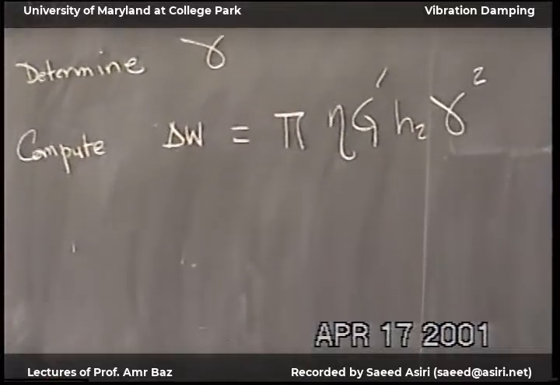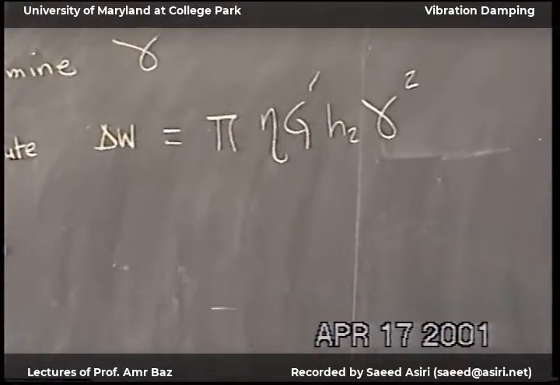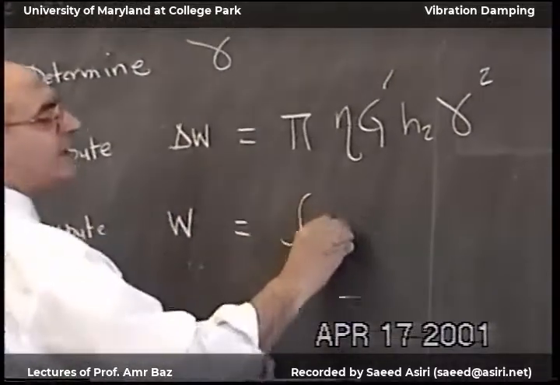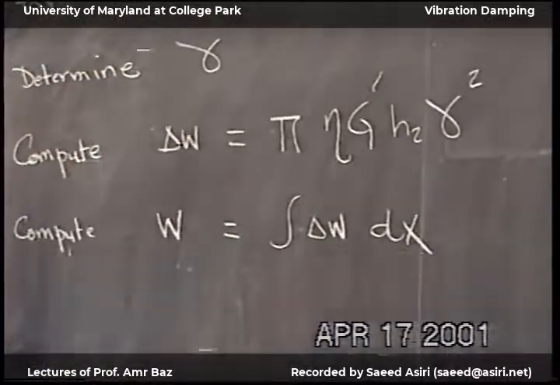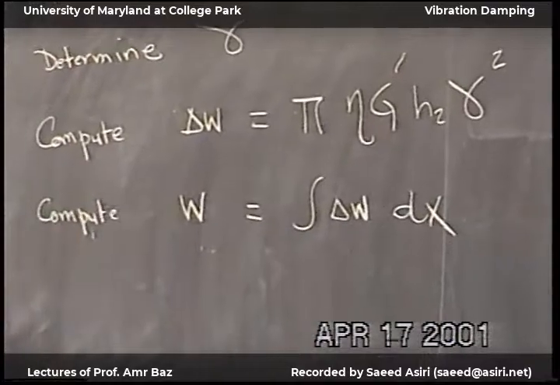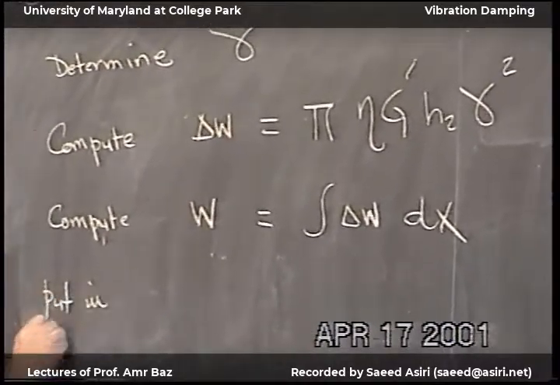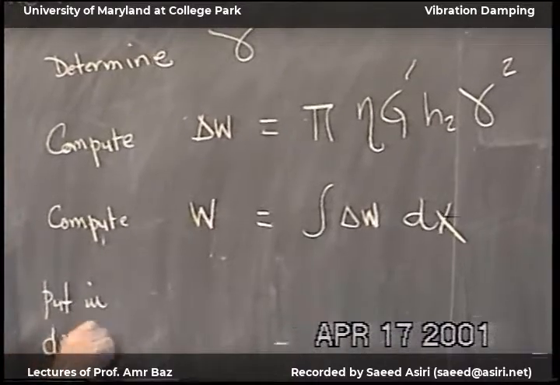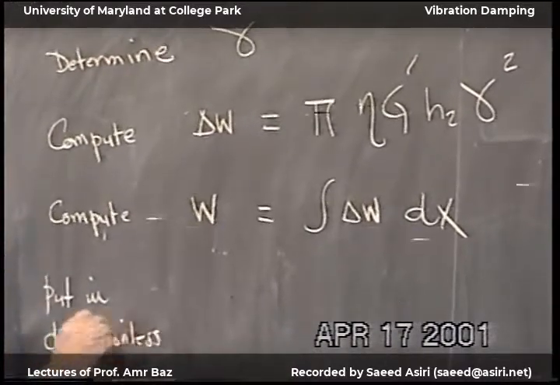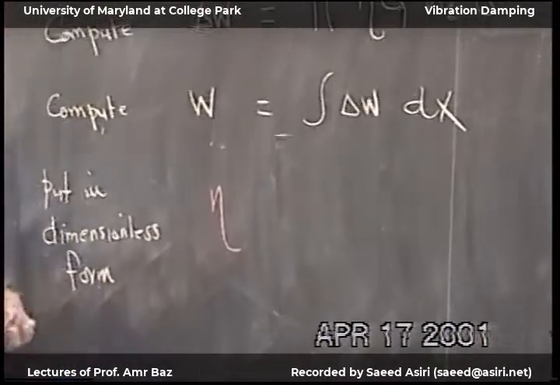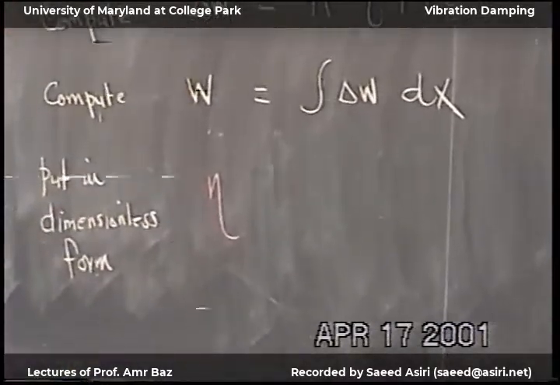Okay? And then compute the total W, which is the integral of dW dx, and then put it in a dimensionless form. And we end up with the loss factor equation.